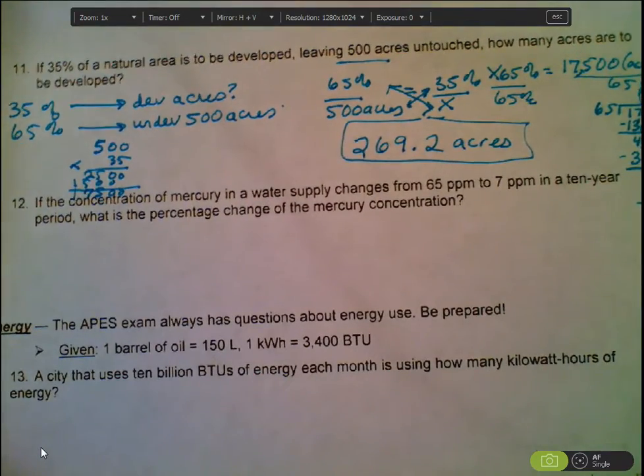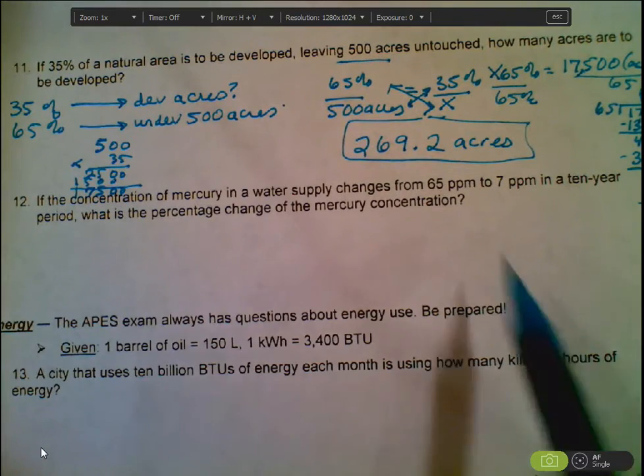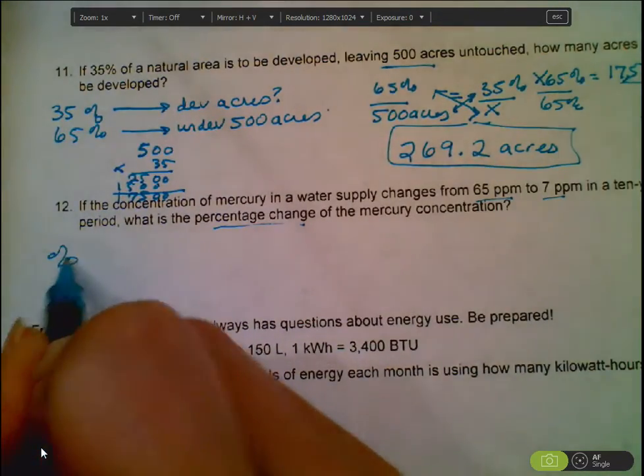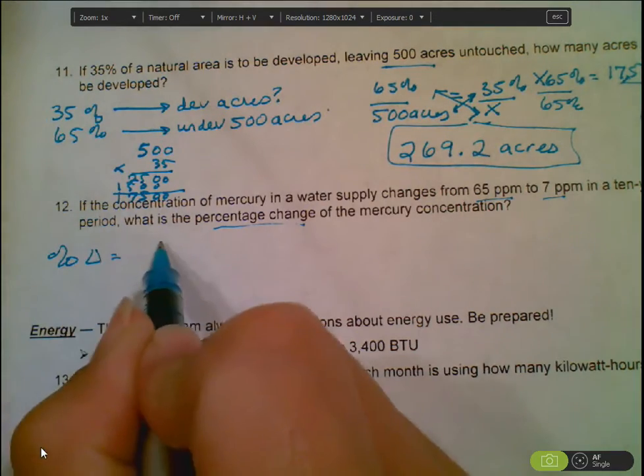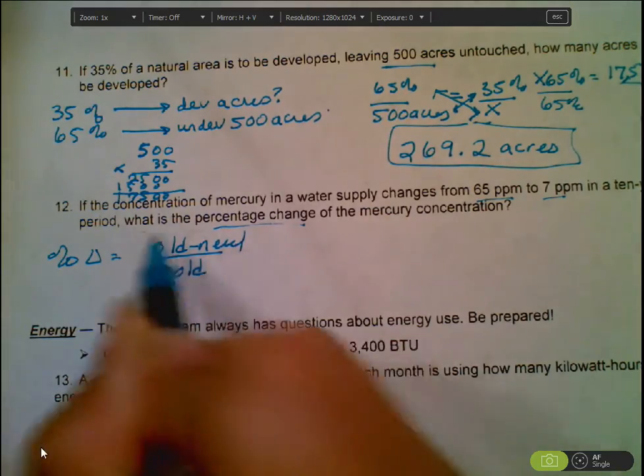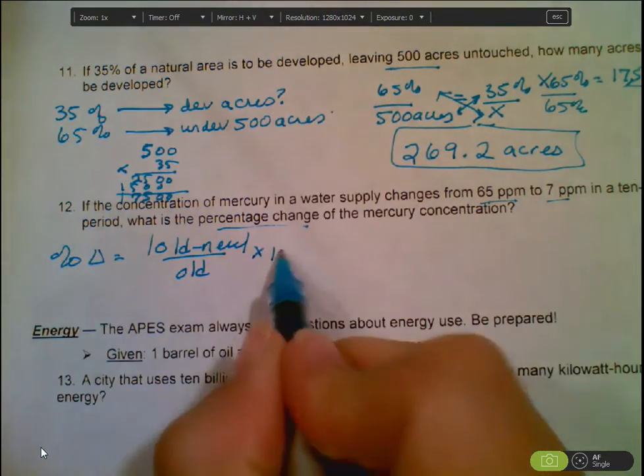All right, number 12. It looks to me, concentration of mercury in water supply changes from 65 parts per million to 7 parts per million in a 10-year period. What is percent change? Percent change equals old minus new over old, absolute value times 100.